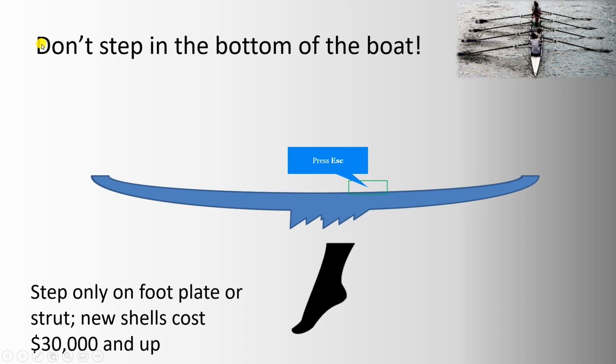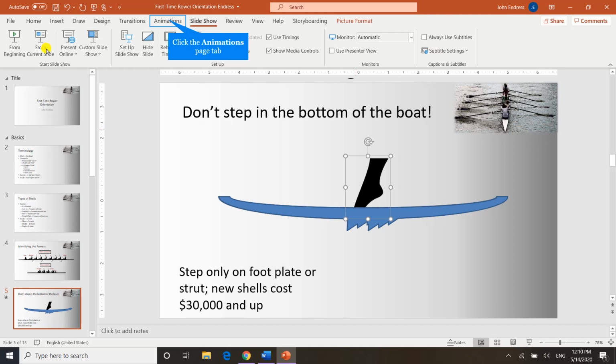So the foot comes down and then it stalls as it hits the boat and then goes right through past it. Alright, so that's what the author wants to change. The author wants to impress you that if you put your foot in the wrong spot on a shell like this, it's just going to go straight through. It's not going to stop.